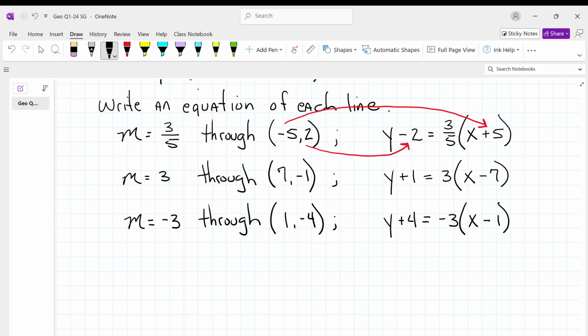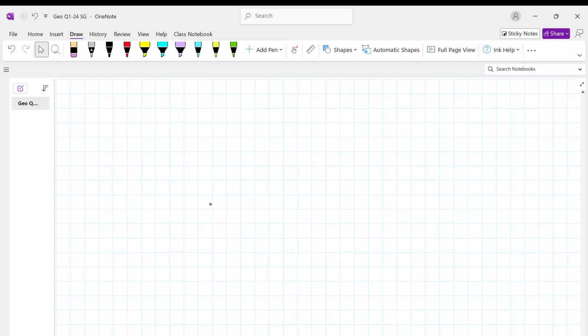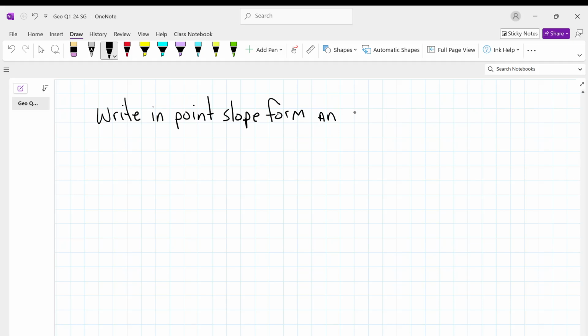All right, then in the second part of your assignment today, you'll be asked to write in point-slope form an equation of the line through each pair of points.